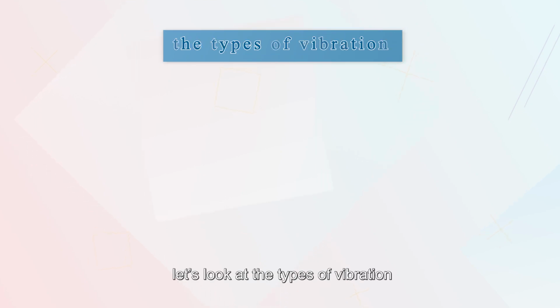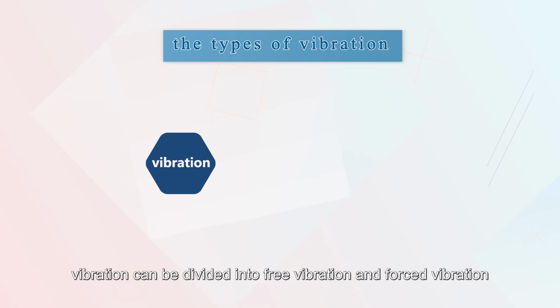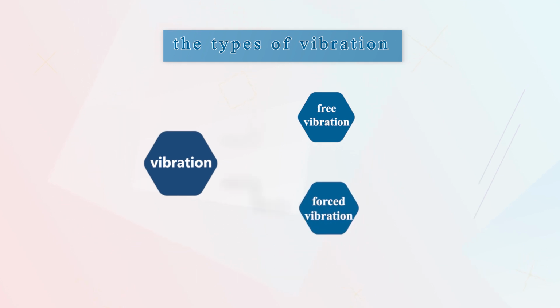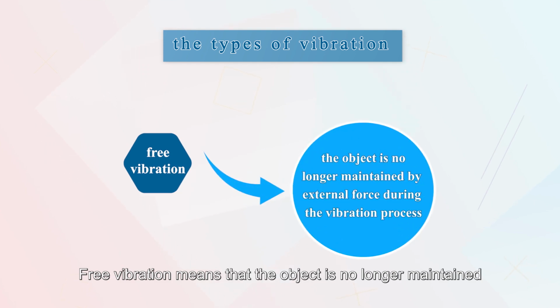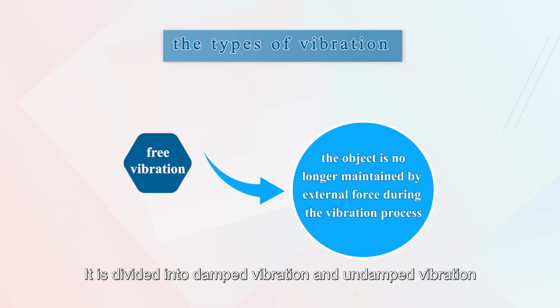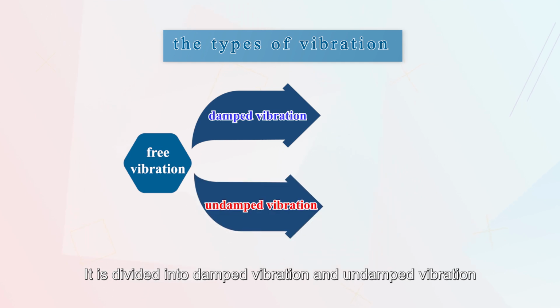First of all, let's look at the types of vibration. According to the force on the vibrating object during the vibration process, vibration can be divided into free vibration and forced vibration. Free vibration means that the object is no longer maintained by external force during the vibration process. It is divided into damped vibration and undamped vibration.